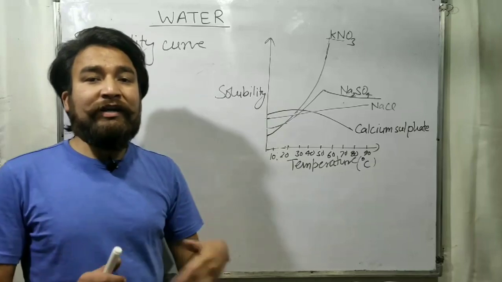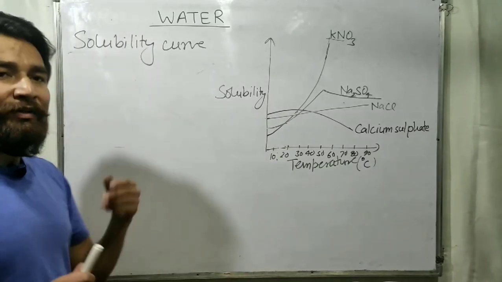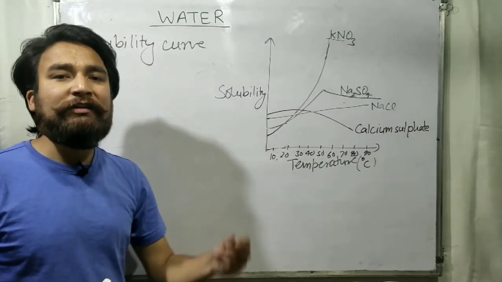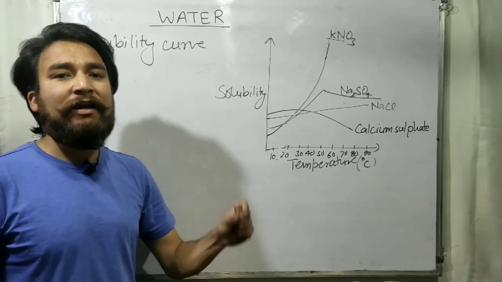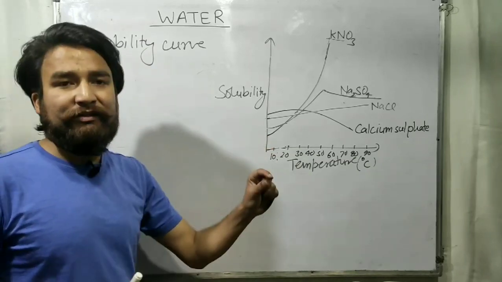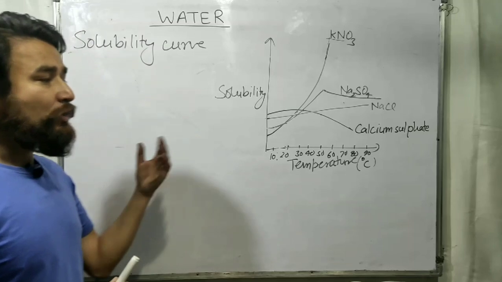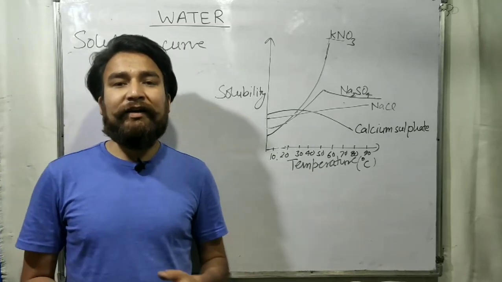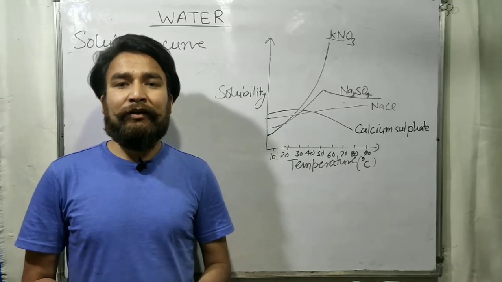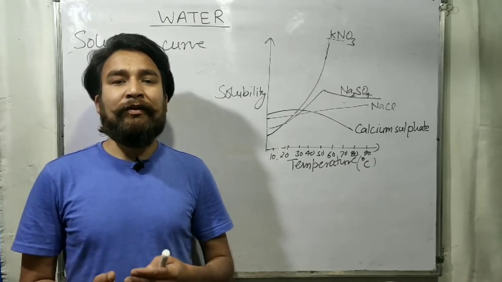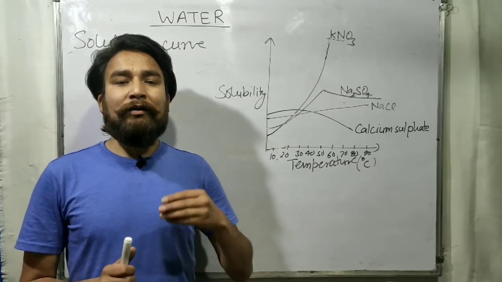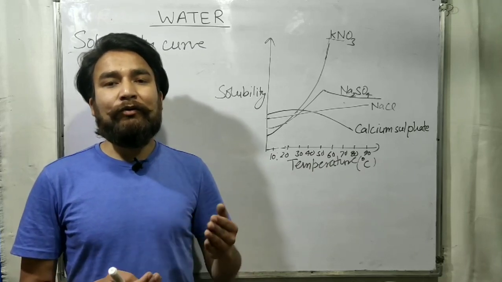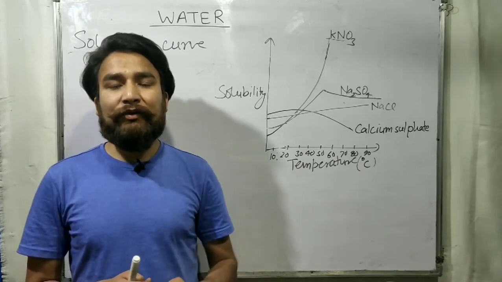So with the help of solubility curve, we can find out the solubility of a particular substance at a particular temperature. This solubility curve helps us in many fields, like in the field of medicine, where we have to prepare a medicine. For that we have to know how much solute can be dissolved in a given amount of solvent.